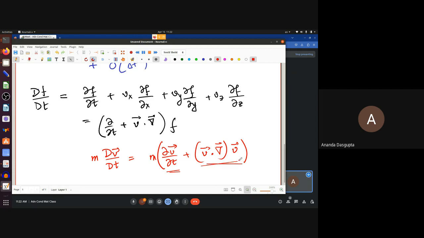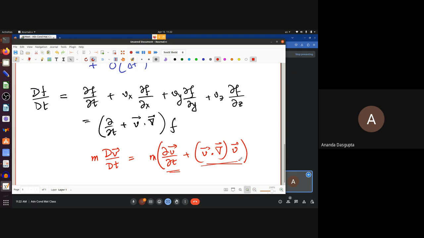You have 2 v's in this, being in a sense multiplied. If you double the v, the first term doubles, the second term becomes 4 times bigger. And that makes fluid dynamics a lot more complicated because it's inherently nonlinear as compared to classical mechanics of point particles.